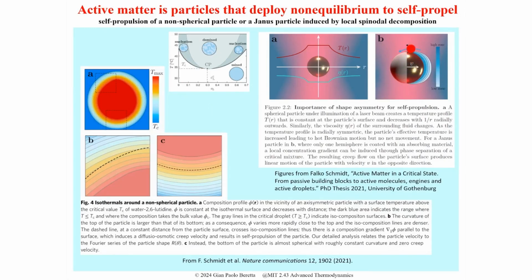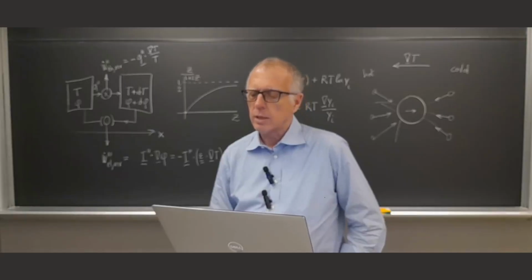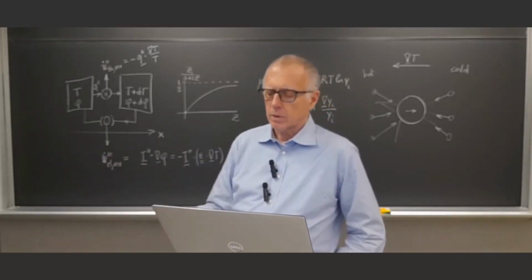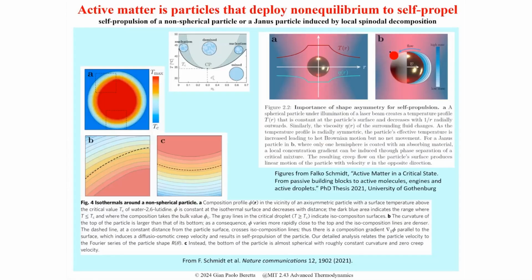So for the Janus particles, the asymmetry is the fact that you have more heating on one side than on the other, and therefore you generate a concentration gradient from this side to the other side, and that movement of particles in one direction propels the big particle in the other direction, and so you get the particle to move.